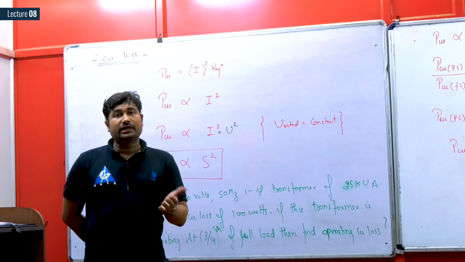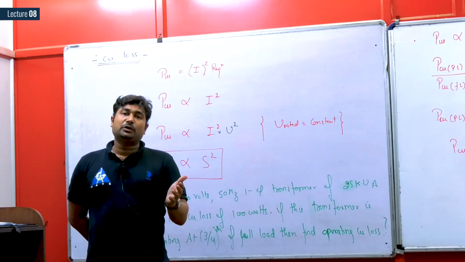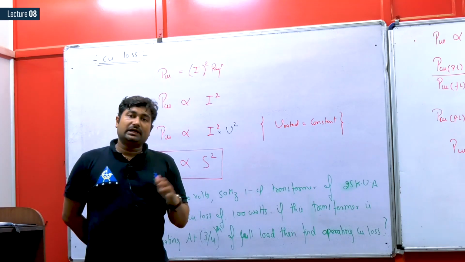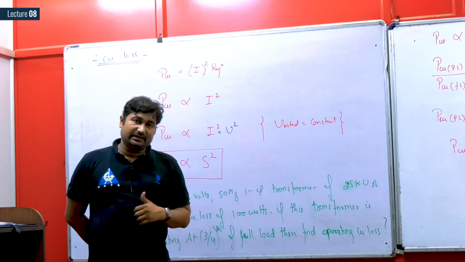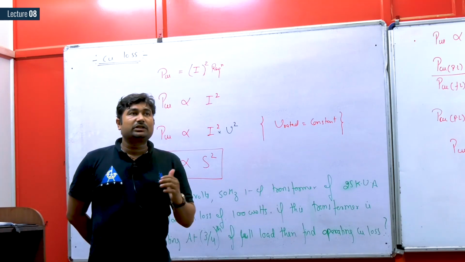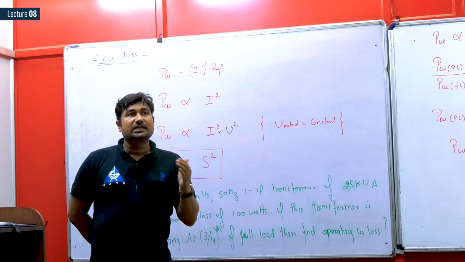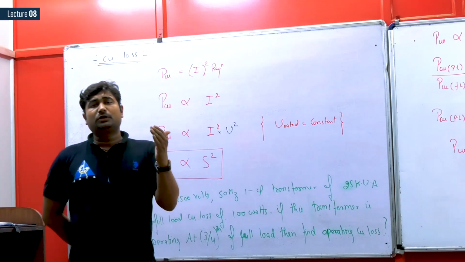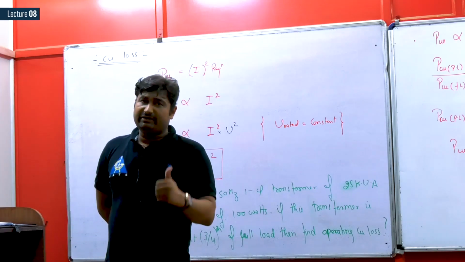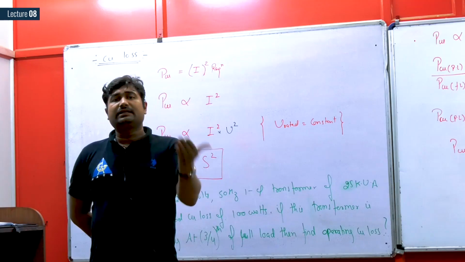Instead of using a 100 kVA transformer, I prefer to go with a 200 kVA transformer, so that I have 50% spare capacity. And one more thing, sir, instead of saying 200 kVA, it is better to say 150 kVA, because all the users are not on at the same time.